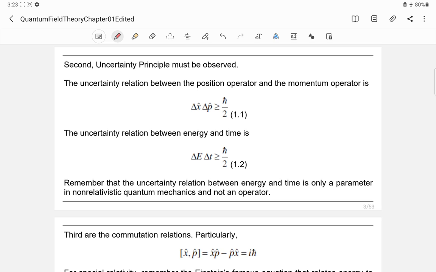So if you have a system that gives off large energy, it happens in a very quick amount of time. Or if you have a system that evolves over a large amount of time, then the energy involved is not so much.